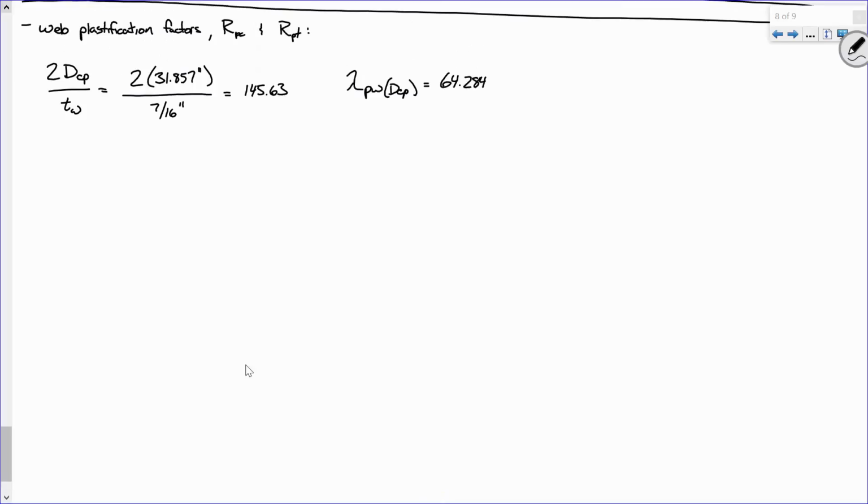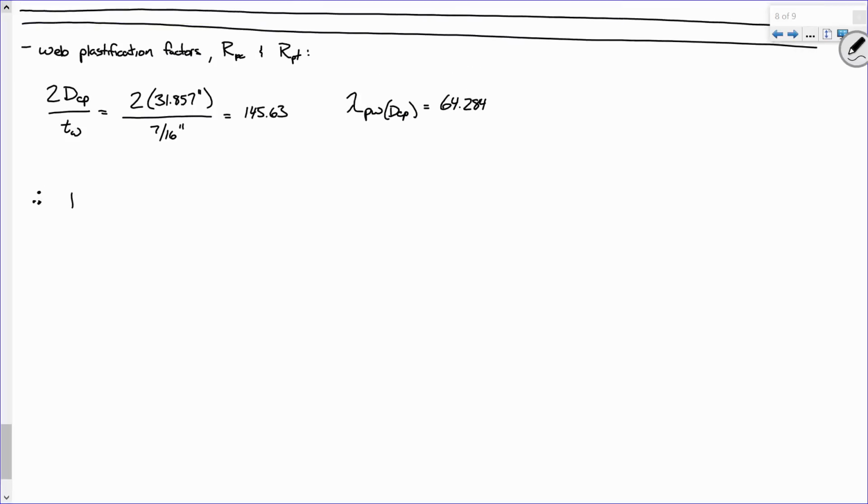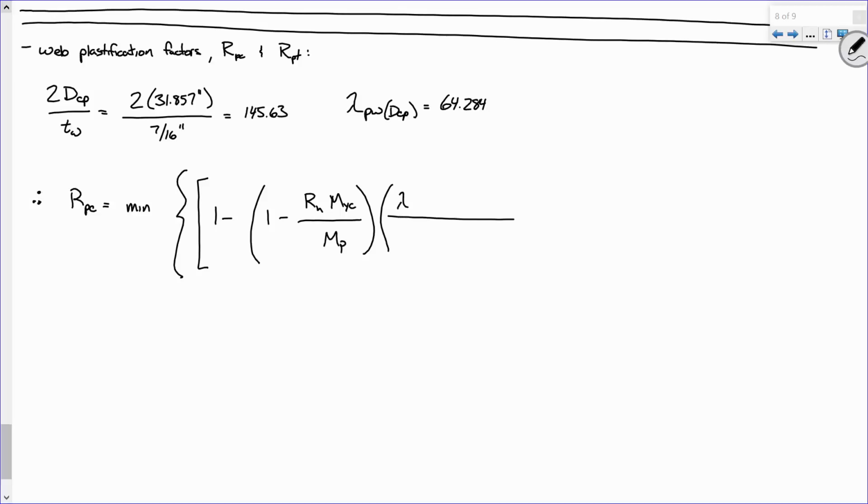So RPC is the minimum of: 1 minus quantity 1 minus RH, MYC over MP, times lambda sub W minus lambda sub PW at DC, over lambda sub RW minus lambda sub PW at DC, and all of that multiplied by MP over MYC, and that's one term.